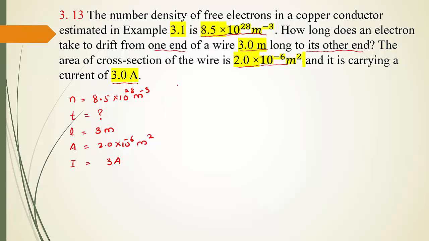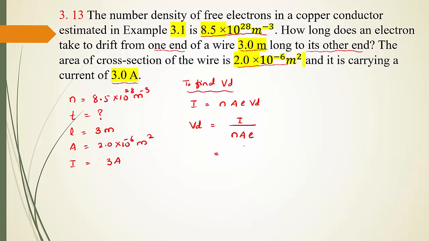See here, first I am going to use the equation for drift velocity. To find drift velocity, denoted by Vd, we have the equation I equal to NAE into Vd. But we want drift velocity, Vd equal to I divided by NAE. Substitute the values.